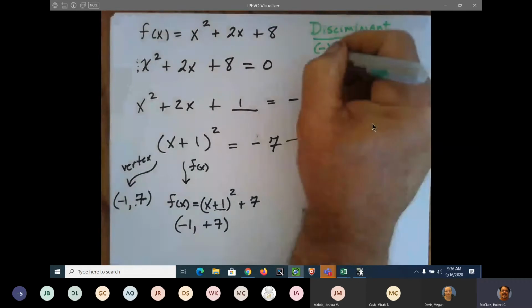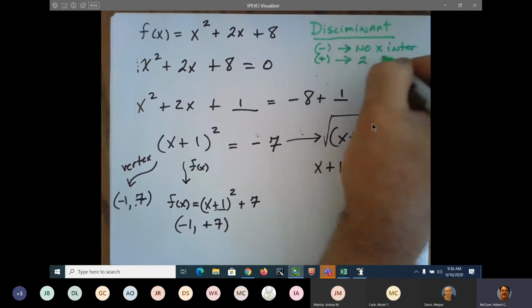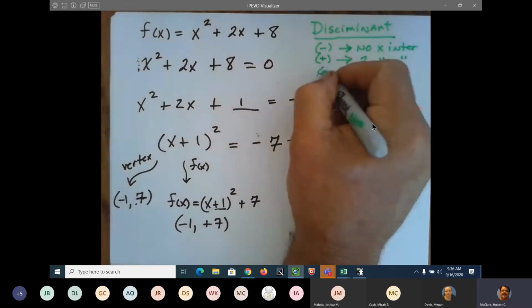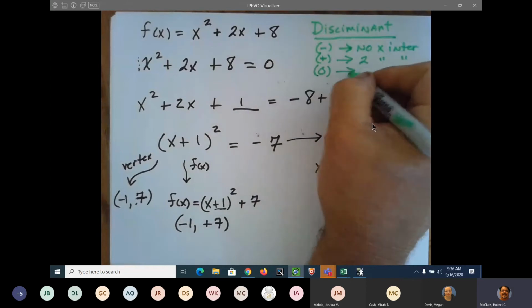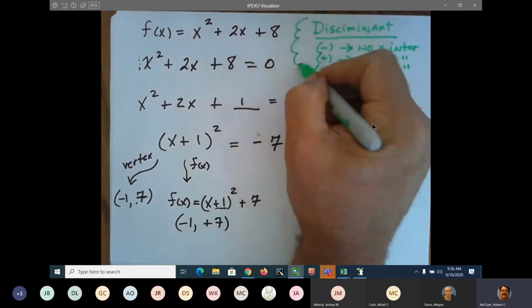If it's positive, you have two x-intercepts or two solutions. And if it's 0, you have one x-intercept or one solution.